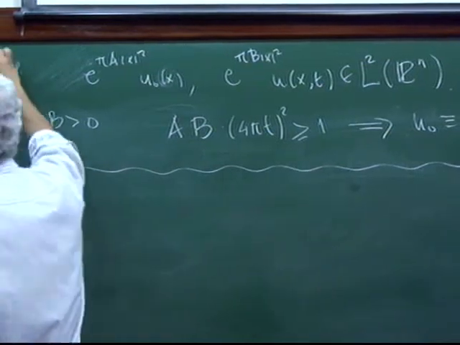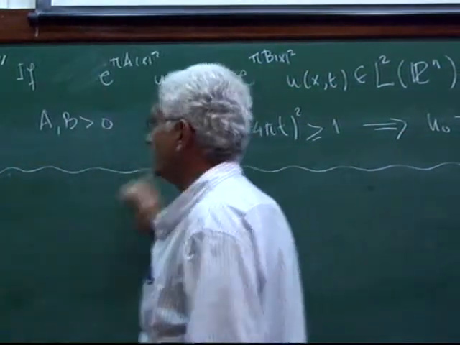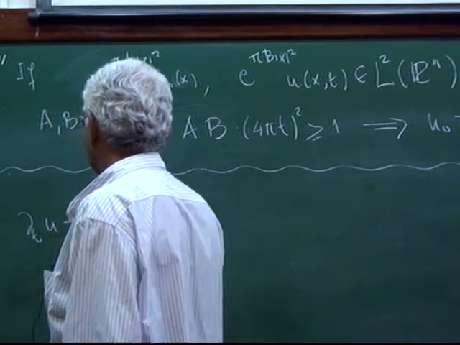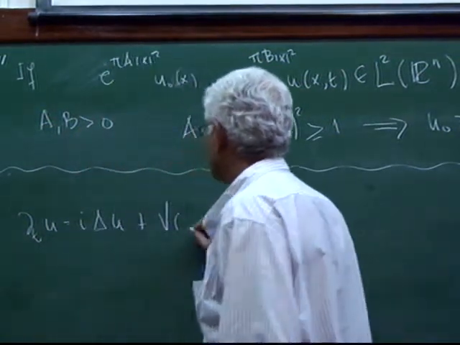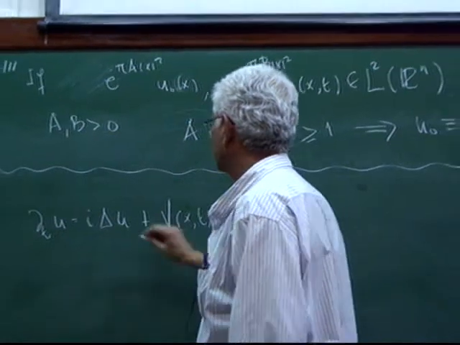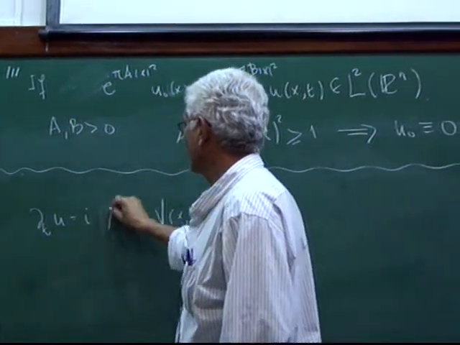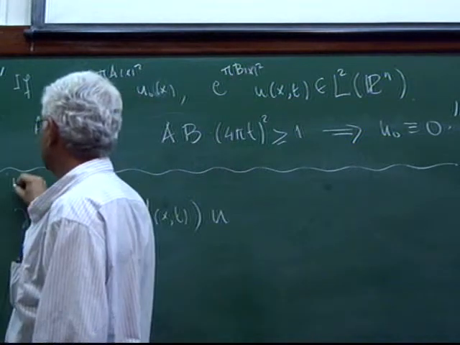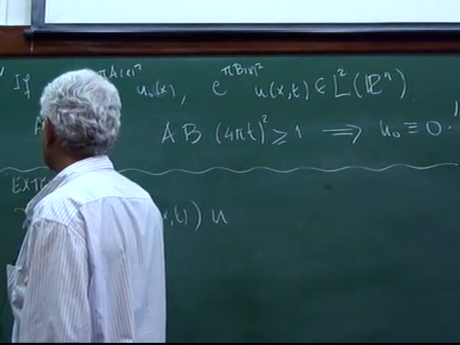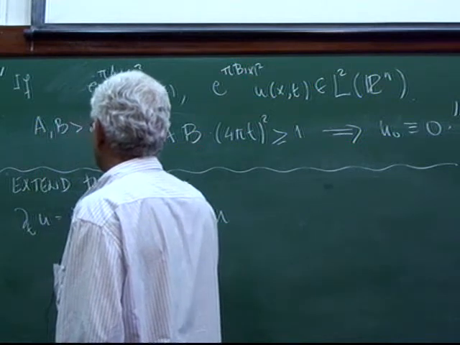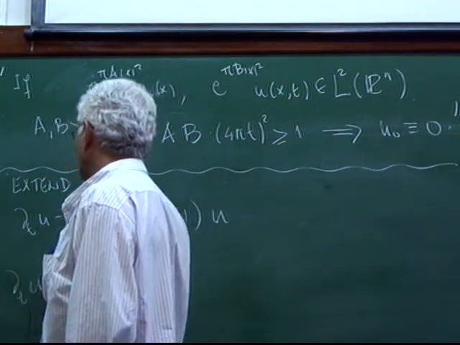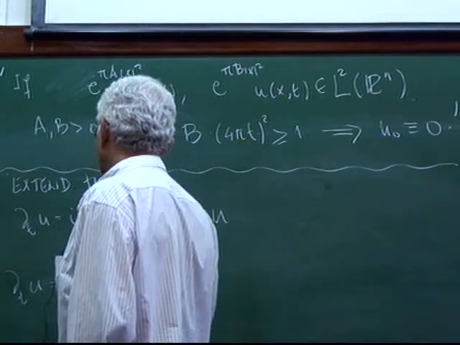Okay? Then what we want is to use this to extend this kind of result to non-constant coefficient. Extend this to non-constant coefficient and see what can we say to solution of nonlinear Schrodinger equation.